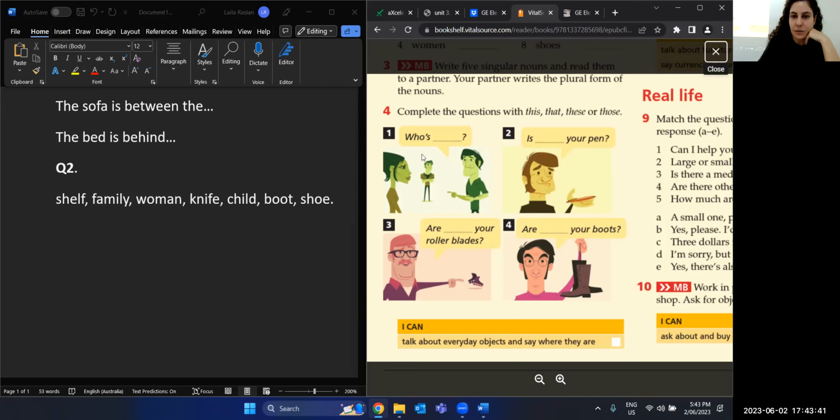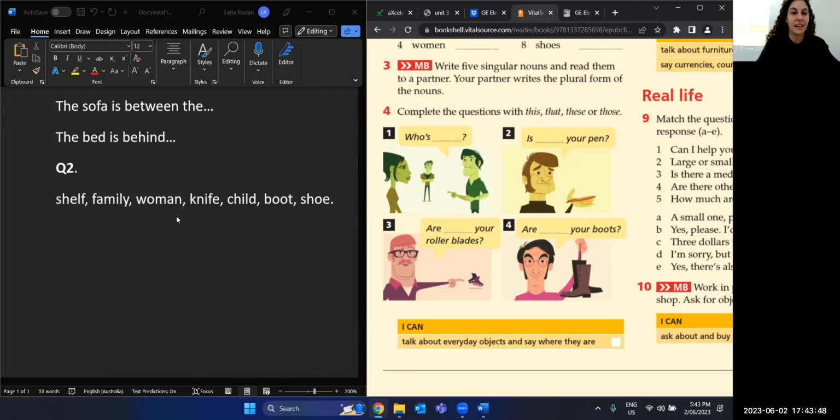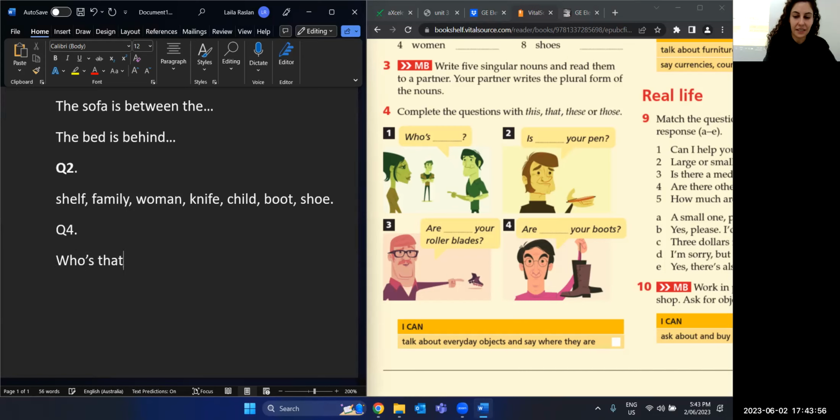So what's he telling this woman? Who's that? Is that what we said? Who's that? If you want, you can say who's, so who is that? Or who's that man? Same question. Who's that man? Make sure there's a question mark.